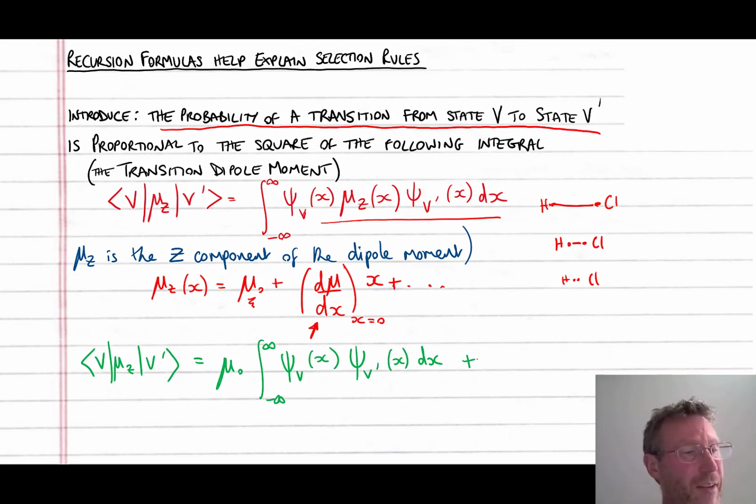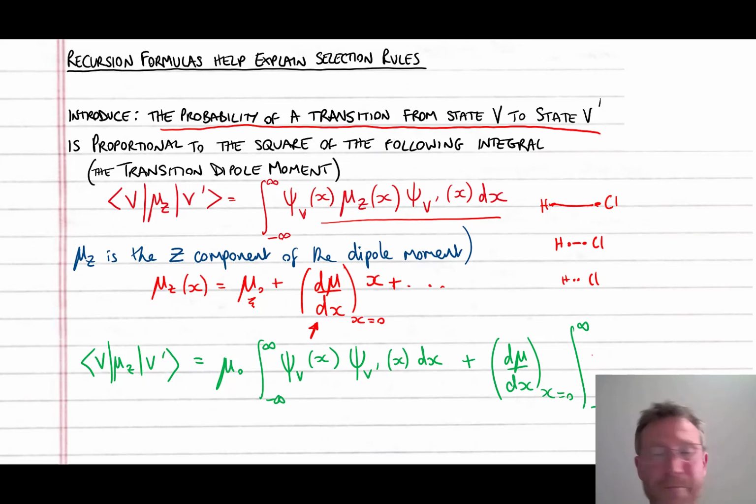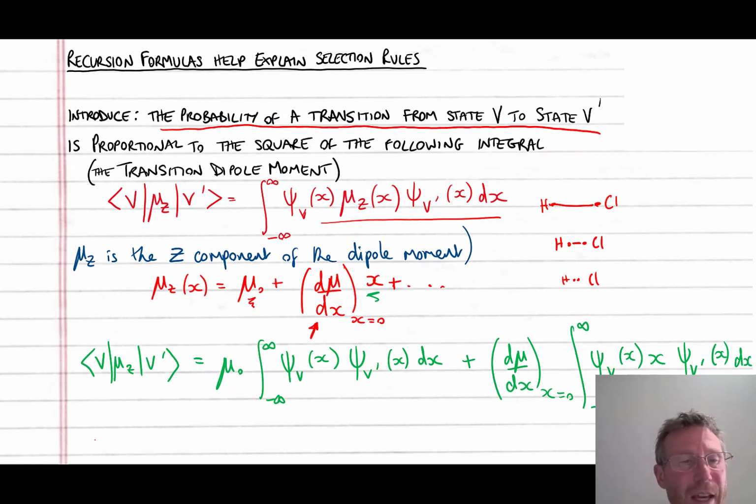Then, as we continue with the expansion of our series, we've got the d mu by dx, x equals 0 here. Here's our integral from infinity to minus infinity. And now we've got that x term that's left over in the series, v prime. That's why this second term does not go to 0 because of orthogonality. The first term cancels because of orthogonality.